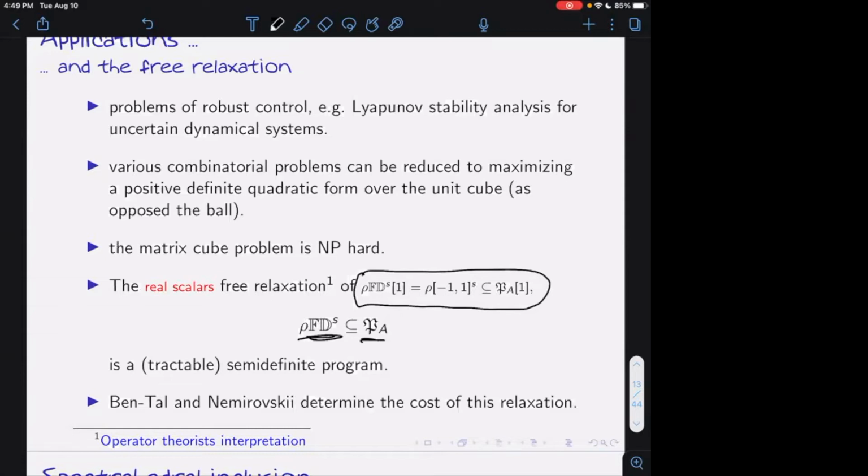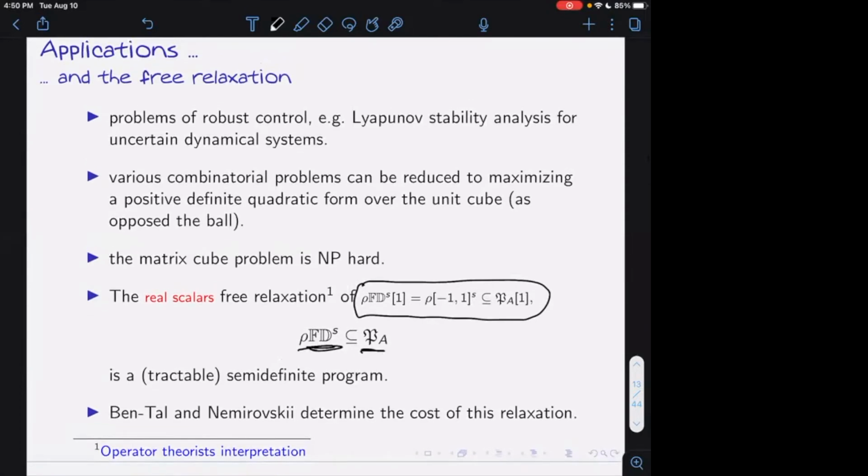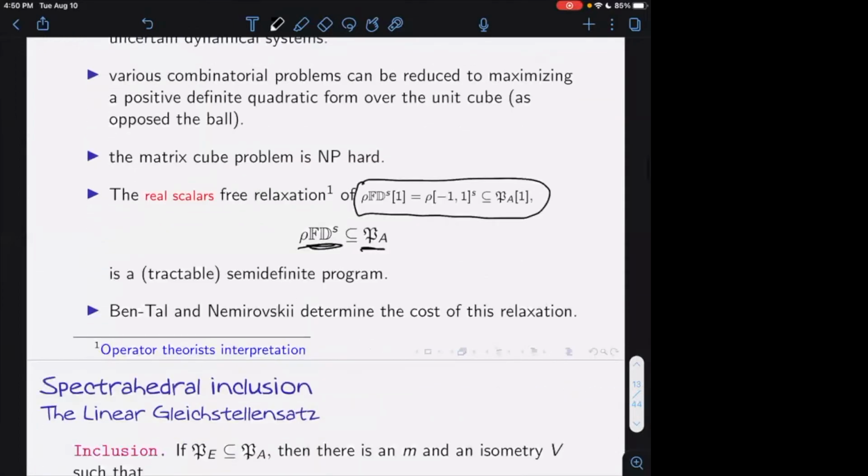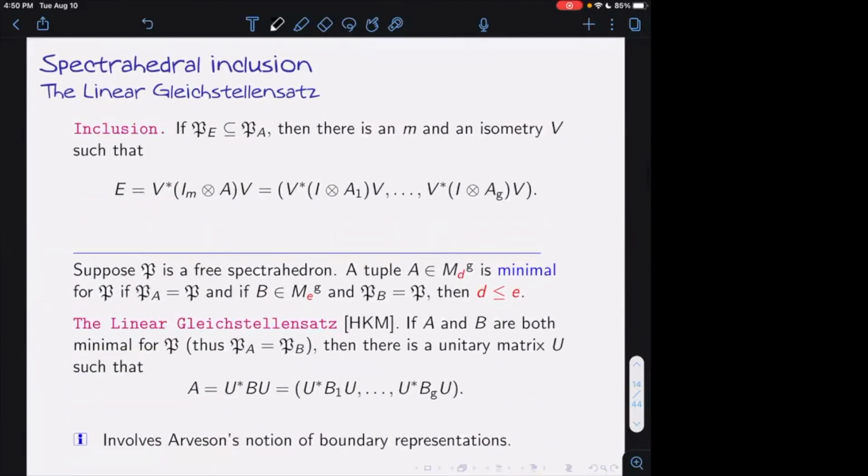This is sort of an operator theorist's take on what they did. And of course, once you do this, then you can imagine many different versions, sort of abstract versions of this problem. Okay, so anyways, back to these spectrahedral inclusions.